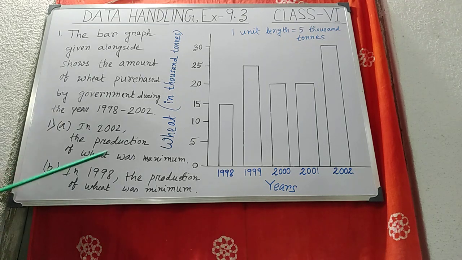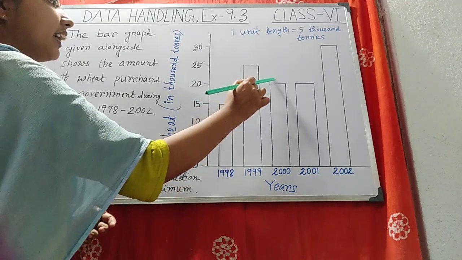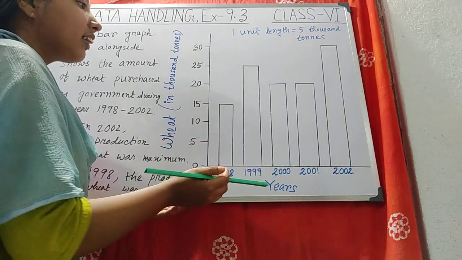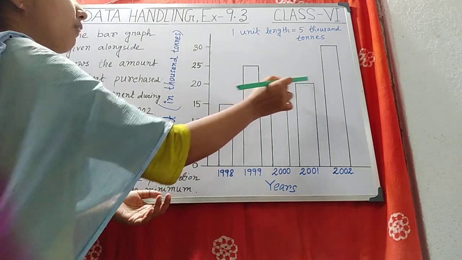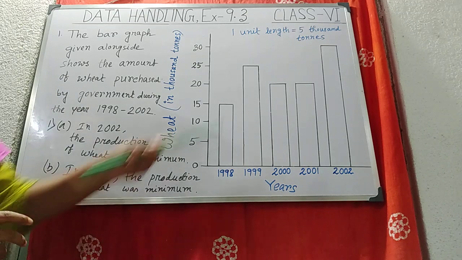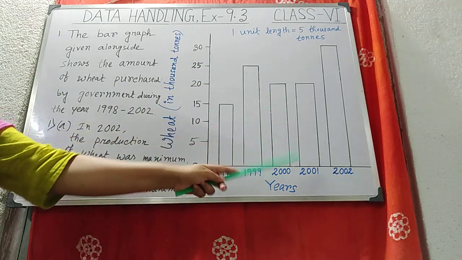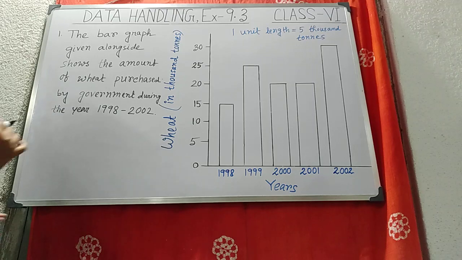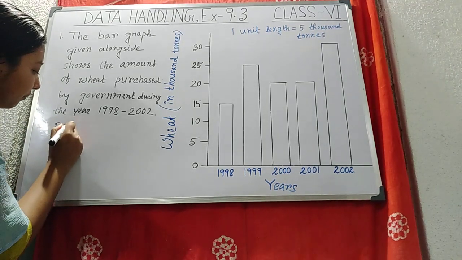So here we can see that two equal bars are there in 2000 and 2001. So both having 20 as value. So in 2000 and 2001 we can see that the production of wheat were equal. So we can write it like this. Extra question.